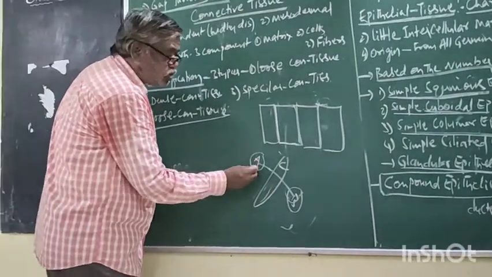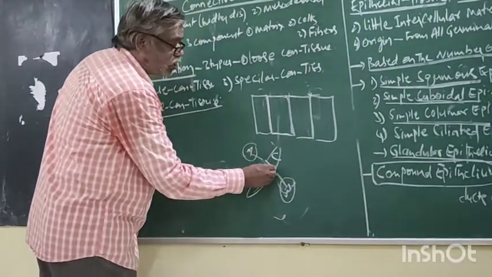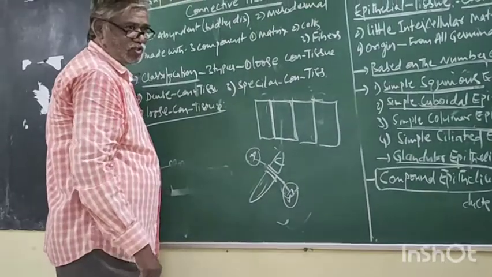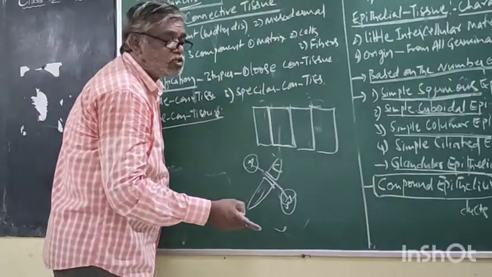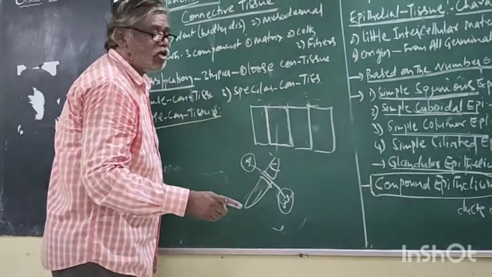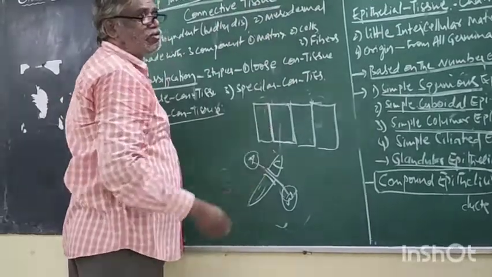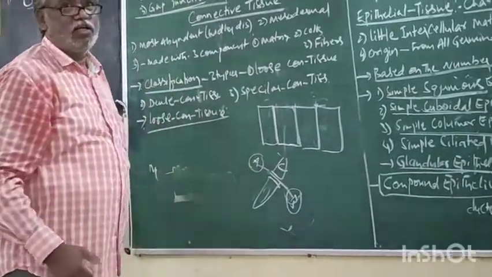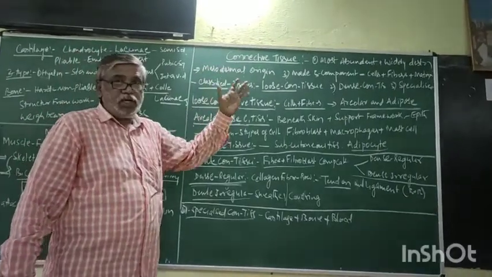The secretions which are produced in A must reach B. Hence they require gap junctions. That means gap junctions help in transport of molecules and gases from one tissue to another tissue. Now, adhering junctions strengthen the areas. The name indicates the function.